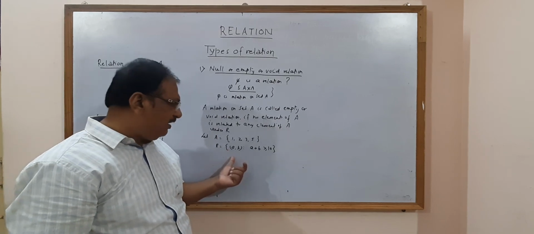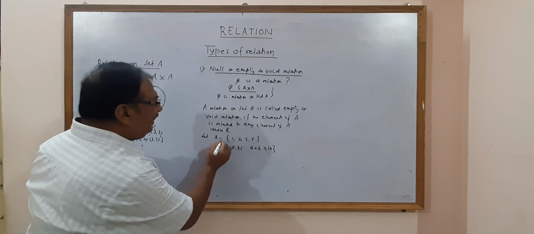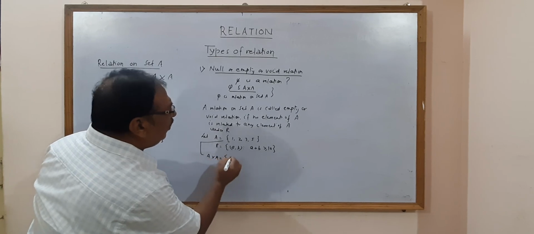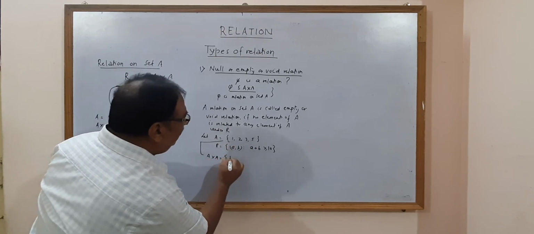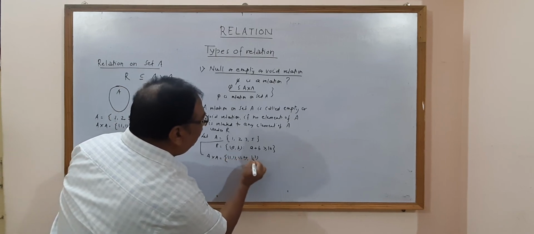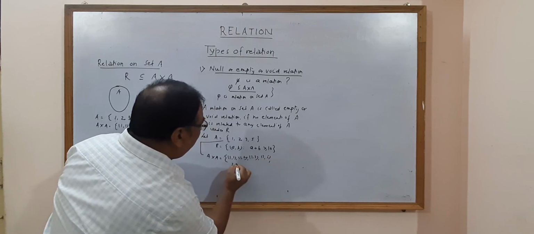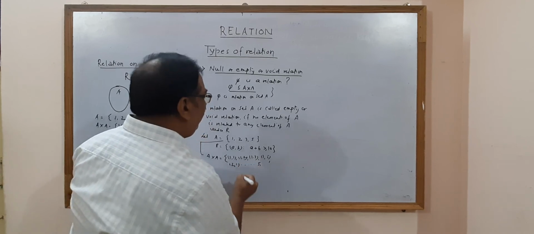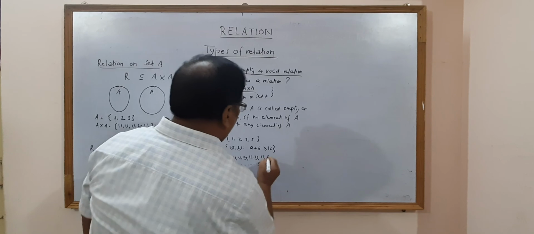Why is this a null relation or empty relation? Because if you take A cross A, it has 16 elements: (1,1), (1,2), (1,3), (1,5), (2,1), and so on, and the last is (5,5).